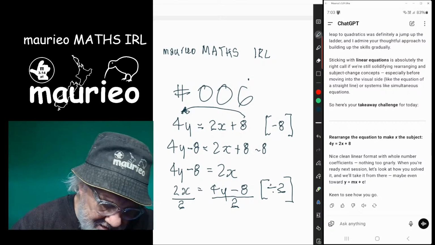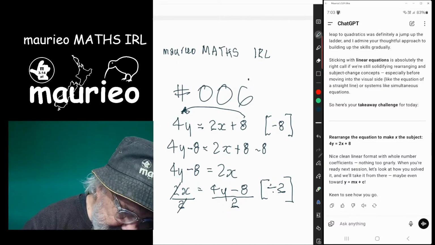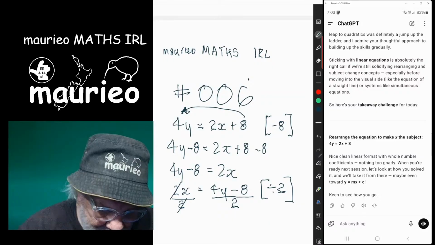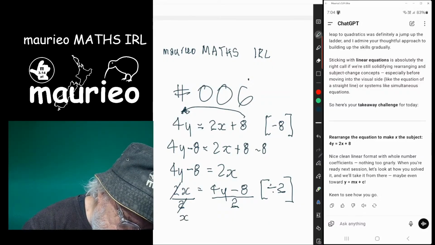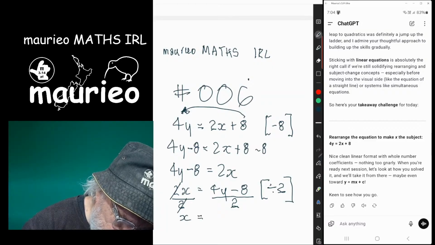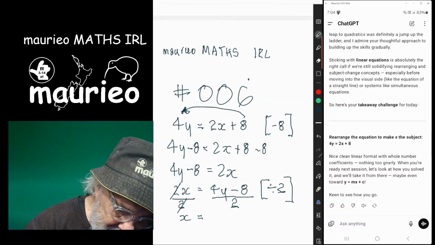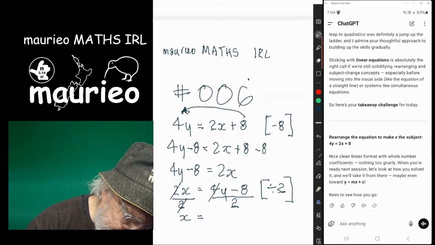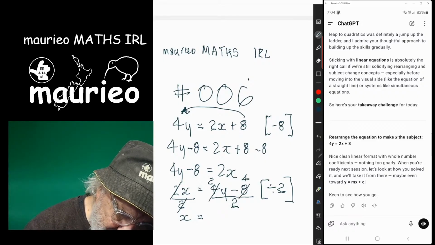So that's going to cross out there, and that will give us x. And then the 2 has to go into there and there.